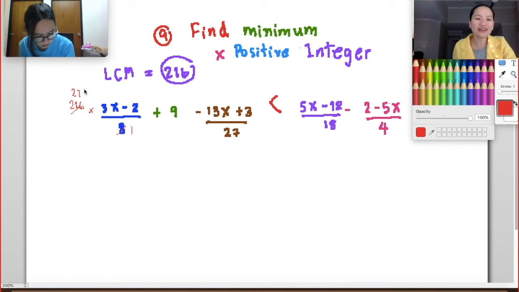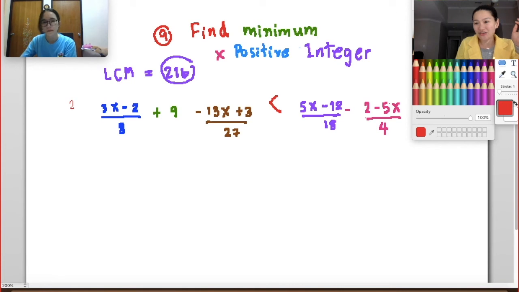Okay, you have to understand the concept: you want to make all of the denominators 216. That is the point.